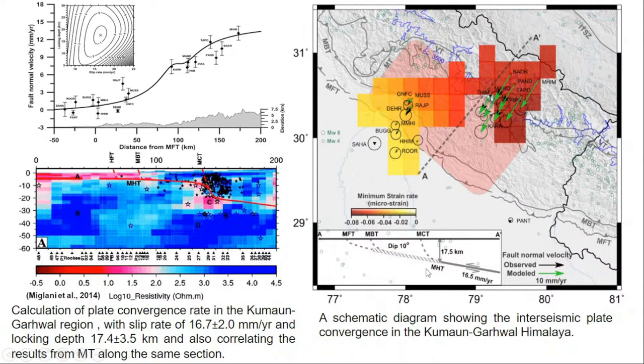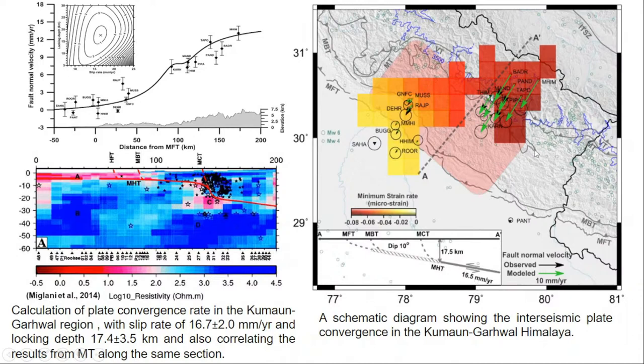And this is the modeling result. Here we have considered the dip angle of the MHT to be around 10 degrees, and the locking depth we found is 17.5 kilometers, and the locked depth is around 100 kilometers. The slip rate we have observed, also called the convergence rate, is 16.5 millimeters per year.